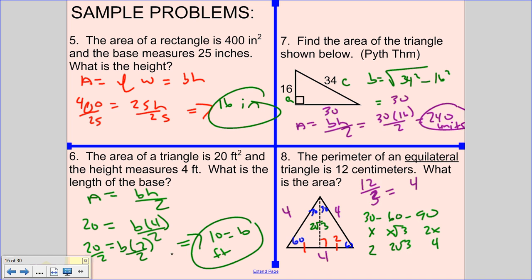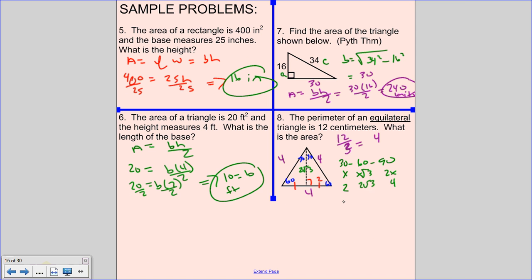Now we can find our area. So the area again is base times height divided by 2. Base is 4. Height is 2 root 3 divided by 2.